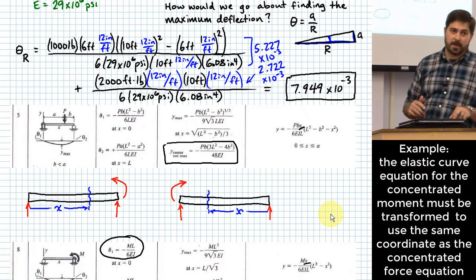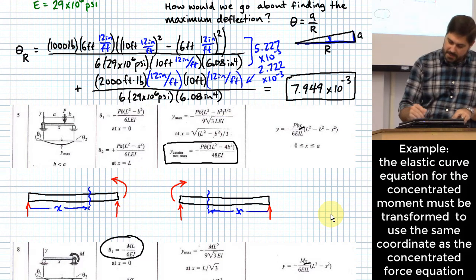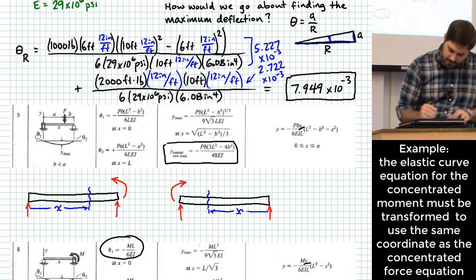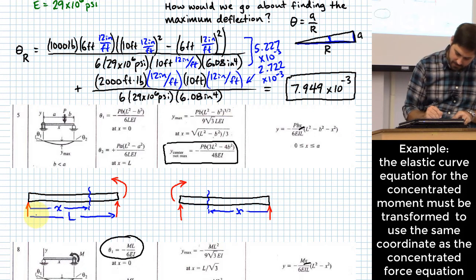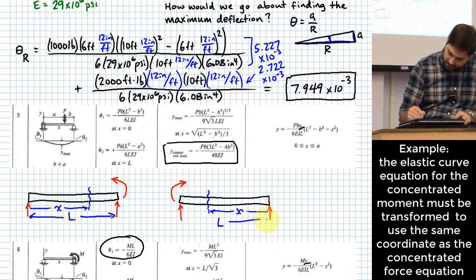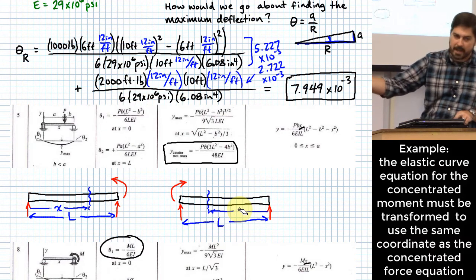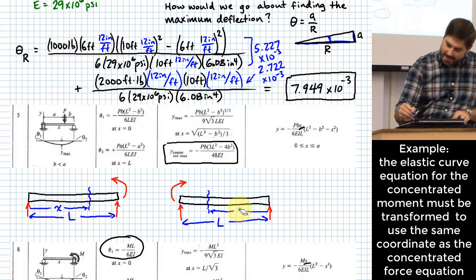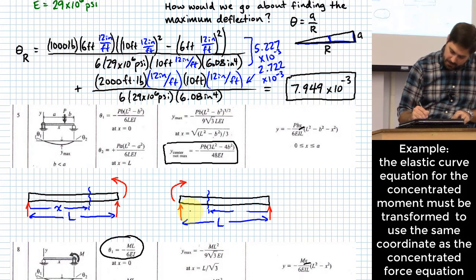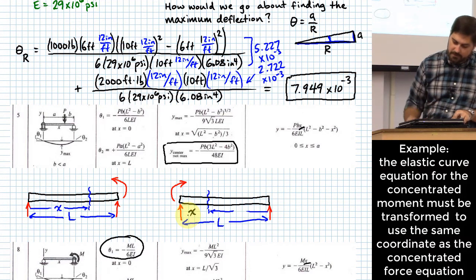That's like what I have, right? But you'll notice x is now measured over here. L was here. L is still there. I no longer have x right here, even though x was what I had in the other case. I need to have something that gives me an x right here.